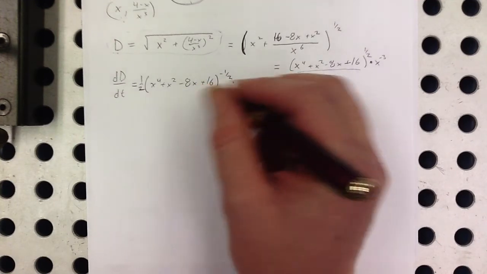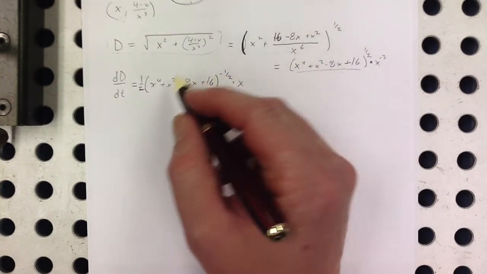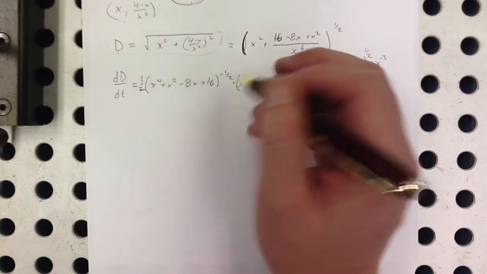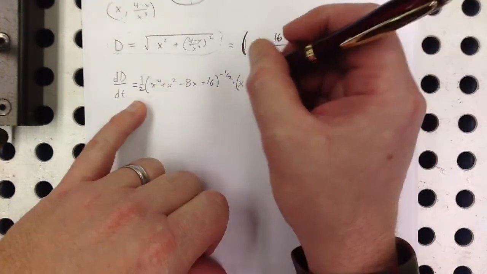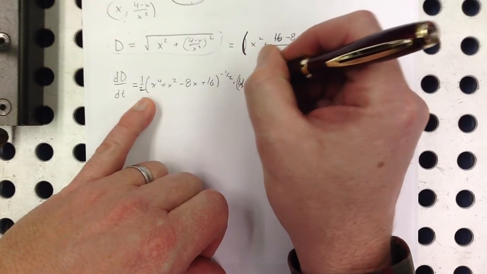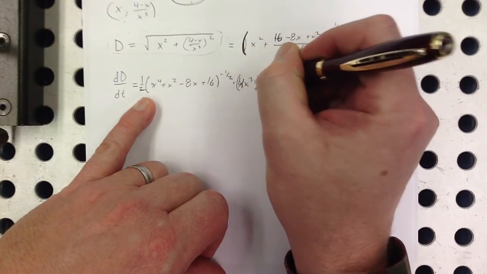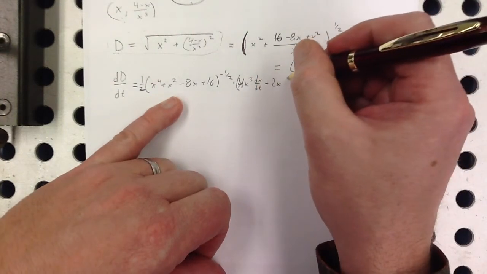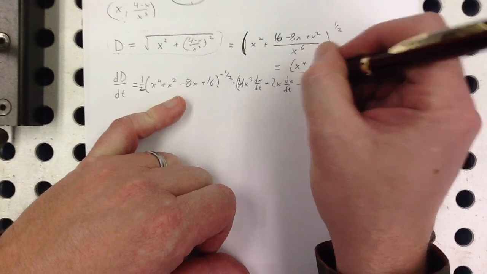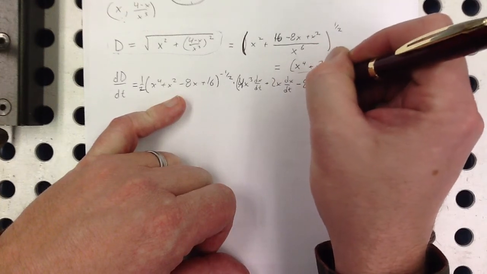Times, that's the derivative of the first, times, now I need to multiply by the derivative of what's inside. The derivative of x to the fourth is 4x cubed dx dt plus 2x dx dt minus 8 dx dt.